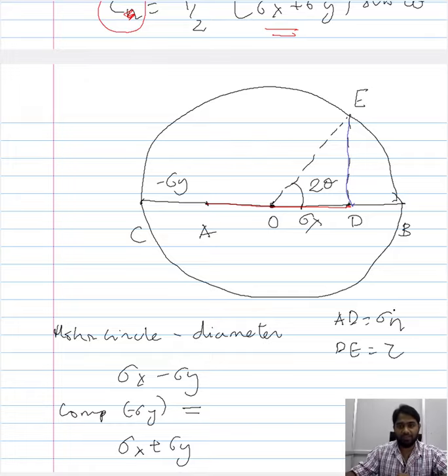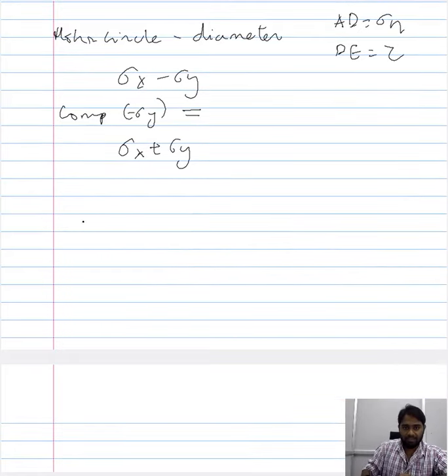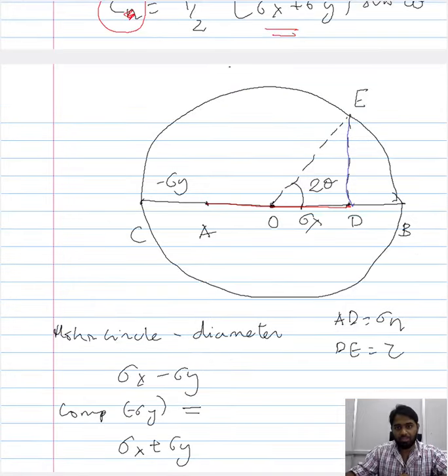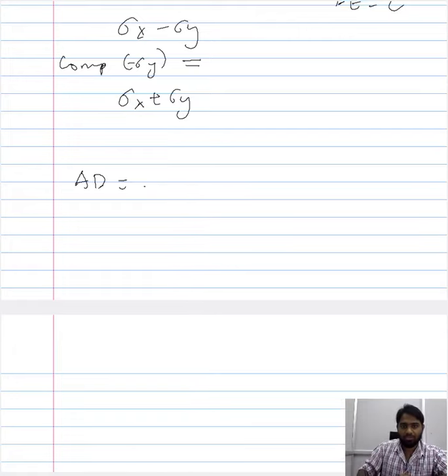So let us see if we are able to do that. We want to quantify AD. Now AD can be written as a combination of AO plus OD.